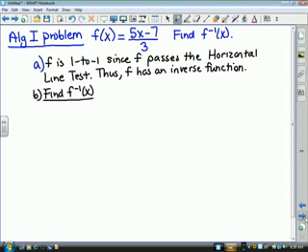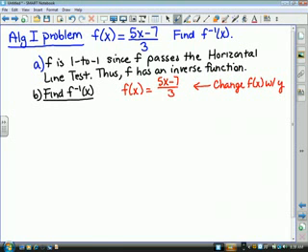I don't want to have to unteach you, but I kind of am. So here's what Miss West would have taught you to do. She would have said, where it says f of x, step 1 is to change f of x to y. In case there's not a y, go ahead and put it there because we know f of x and y are the same thing.